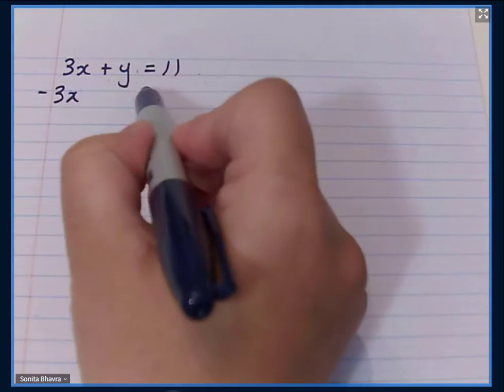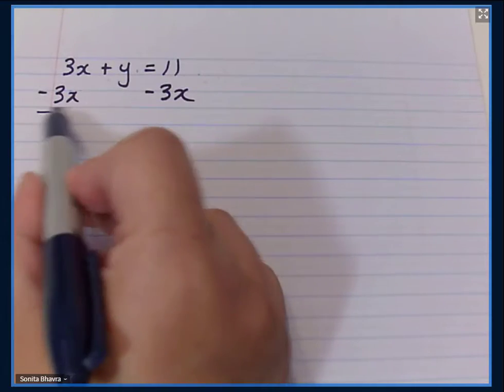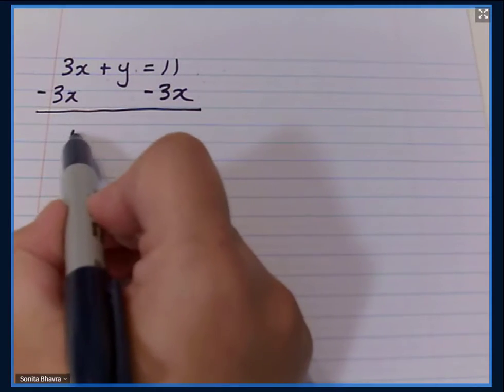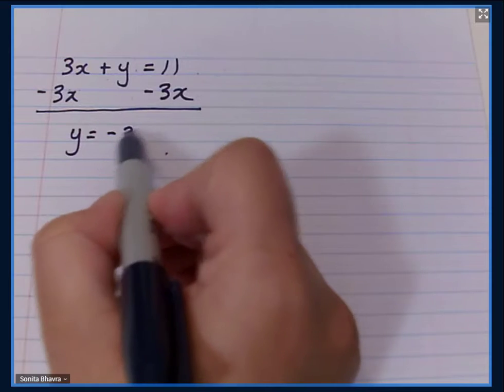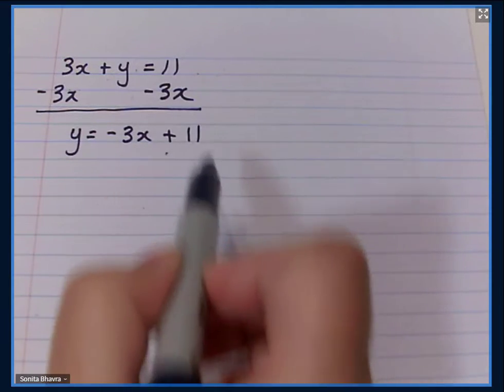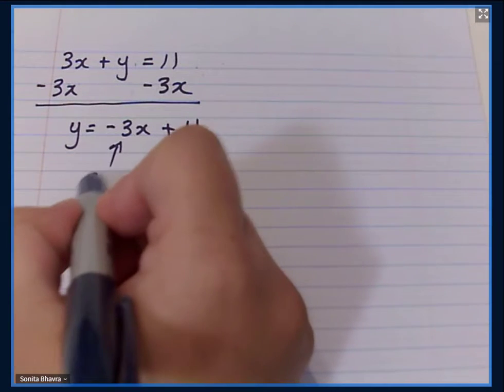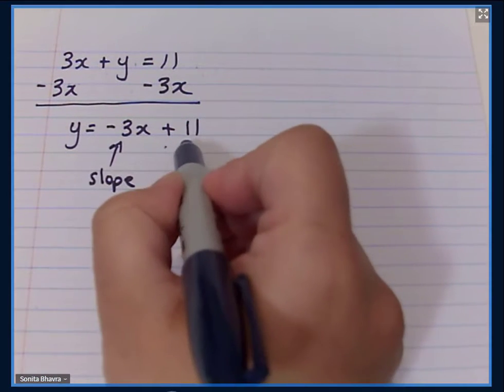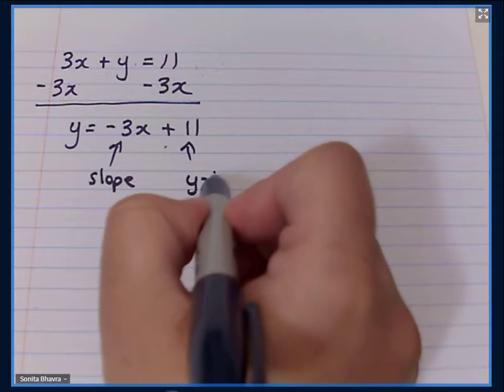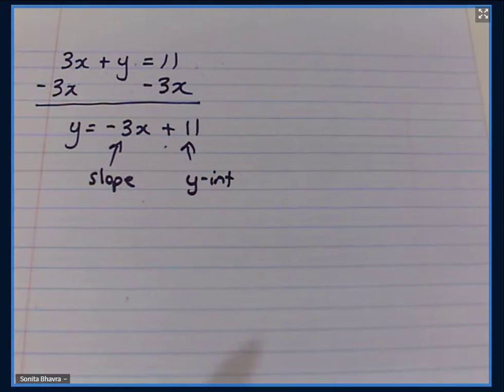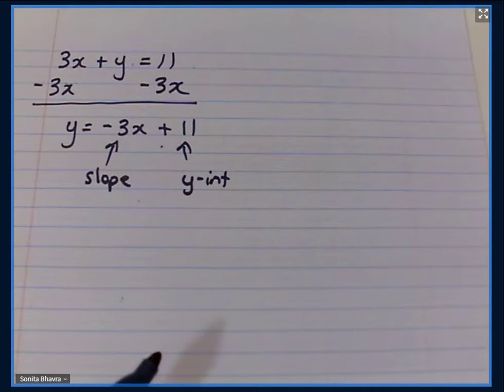We just have to subtract the 3x on both sides. So our first equation is y equals negative 3x plus 11. All right, we have our slope and we have the y-intercept. Since we have those two pieces of information, we can easily make a graph of the first equation.